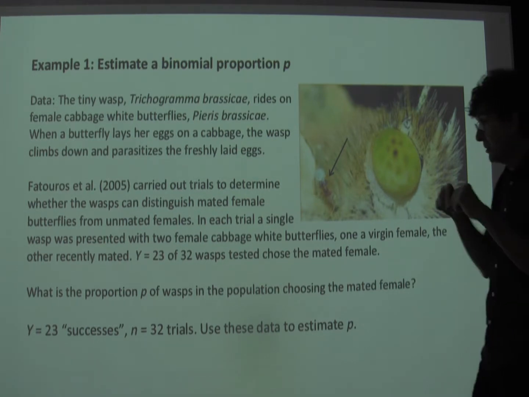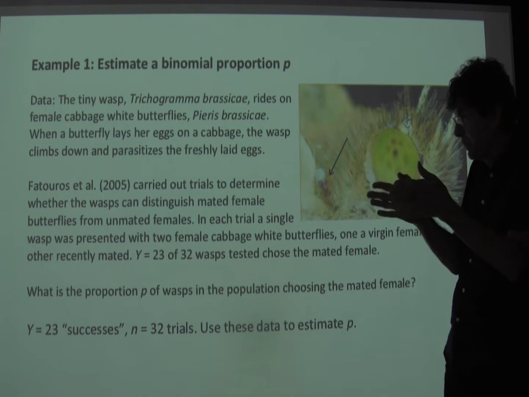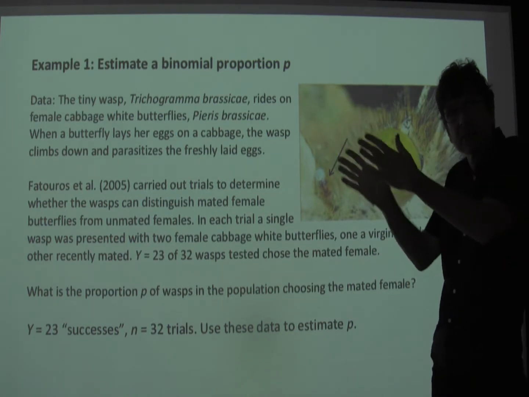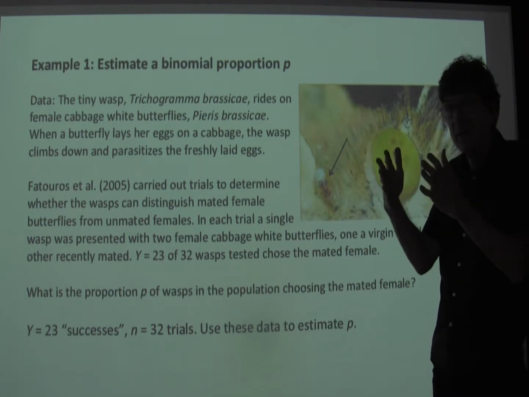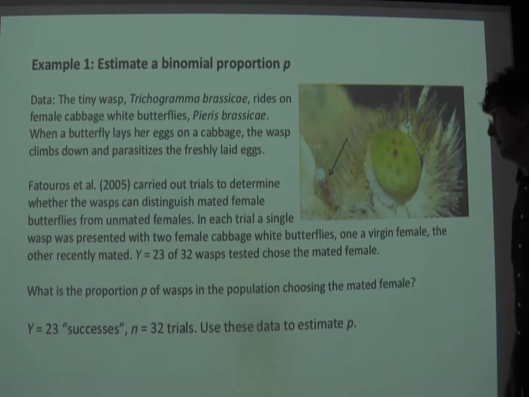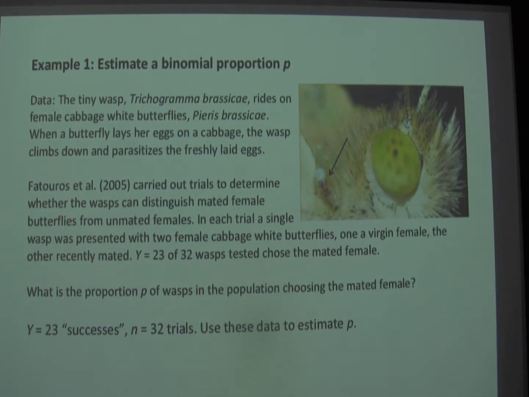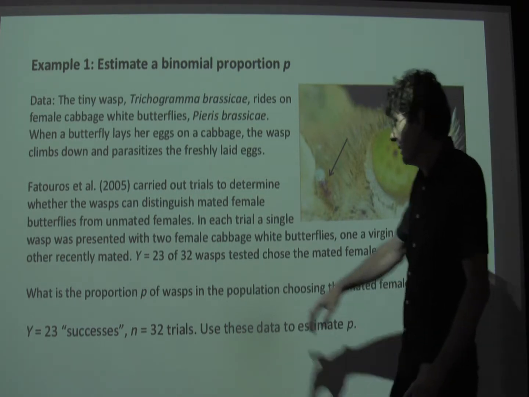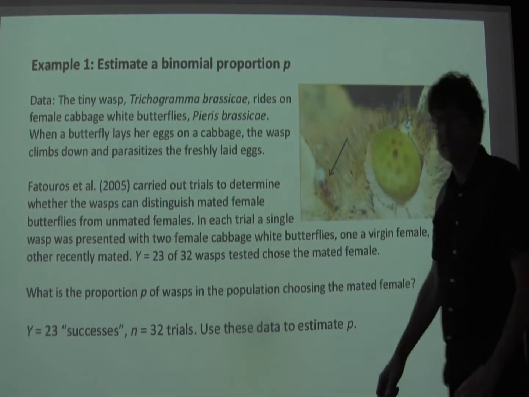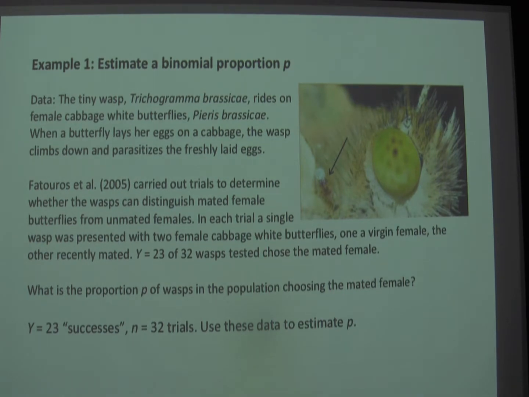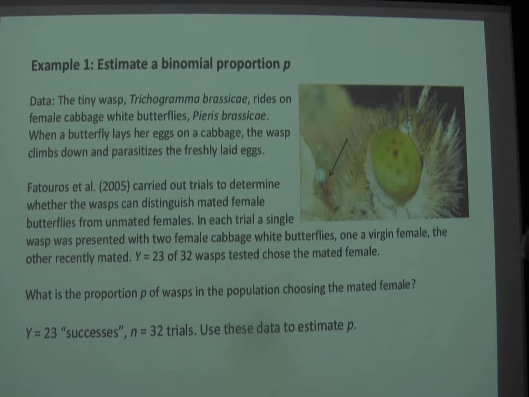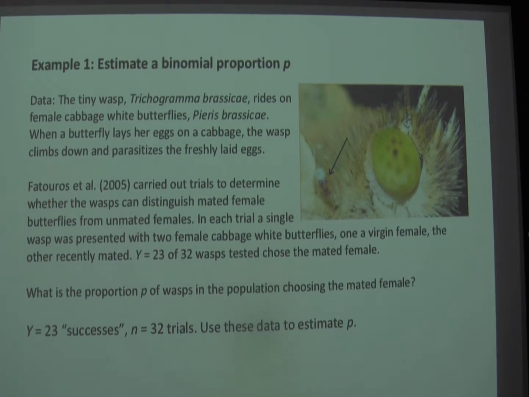Each wasp is put at the start of a Y tube, and it can choose to go this way toward the mated and this way toward the unmated. Let's call it a success when the wasp correctly chooses the mated butterfly. They repeated this trial 32 times, and in 23 of those trials, wasps chose the mated female. So 23 successes, 32 minus 23 failures.